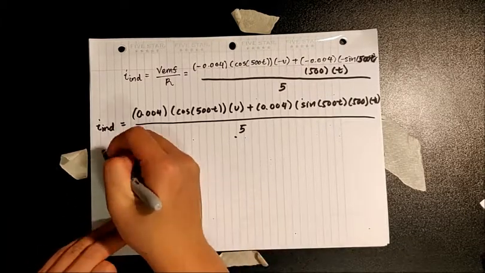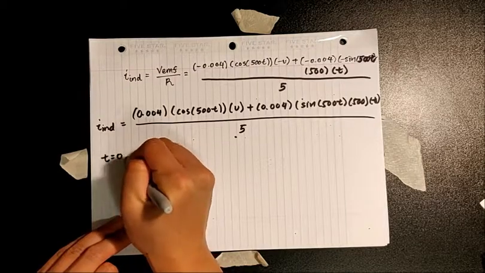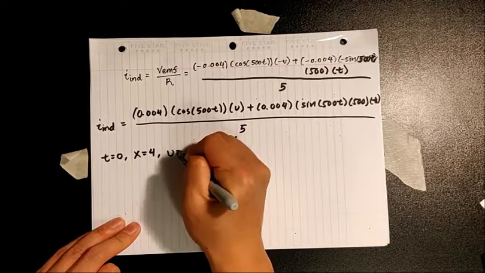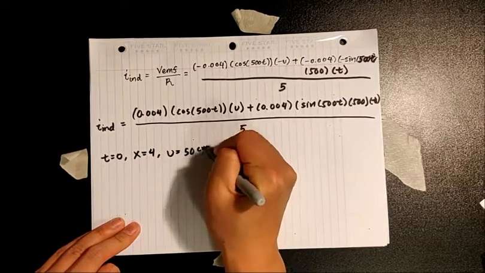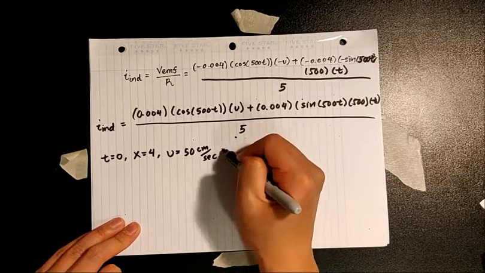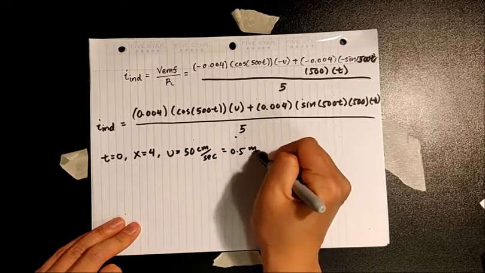So now we can just plug in our variables, because we're trying to find the magnitude of the induced current. So at t equal to 0, we know x is equal to 4 and u is equal to 50 centimeters per second, or simply 0.5 meters per second.